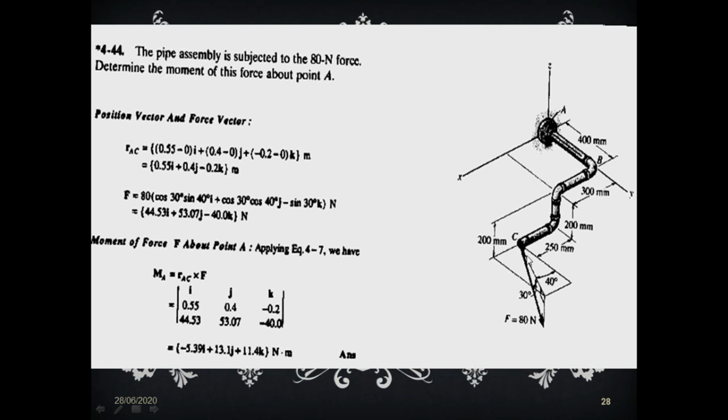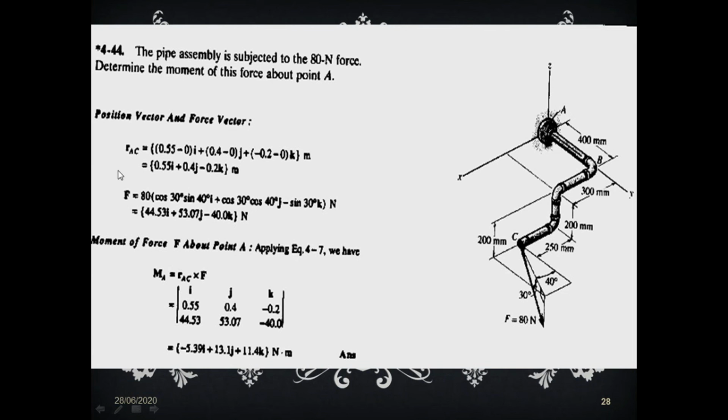Plus, then we go again from here, cos 30, cos 40, j. And this vertical component below, we go down as sin 30, but it is below the z axis, so it is minus sin 30. Now the ijk's are there. Multiply by 80 and you get F equals 44.53i plus 53.07j minus 40.0k Newton.